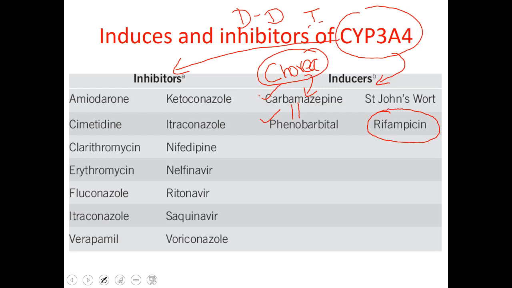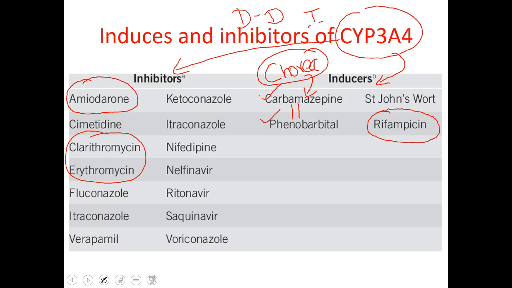So, these are the common inducers. With regard to inhibitors, keep in mind amiodarone, which is an anti-arrhythmic. We will be seeing it in the last session of pharmacology in this unit. Then our famous macrolides, erythromycin, clarithromycin. So, these are some of the CYP3A4 inhibitors and inducers.